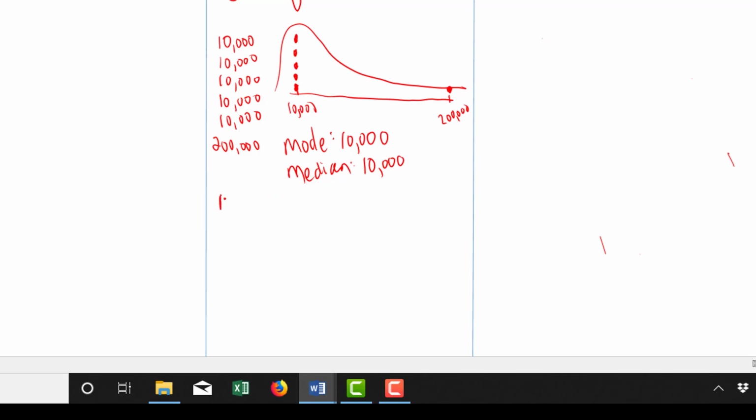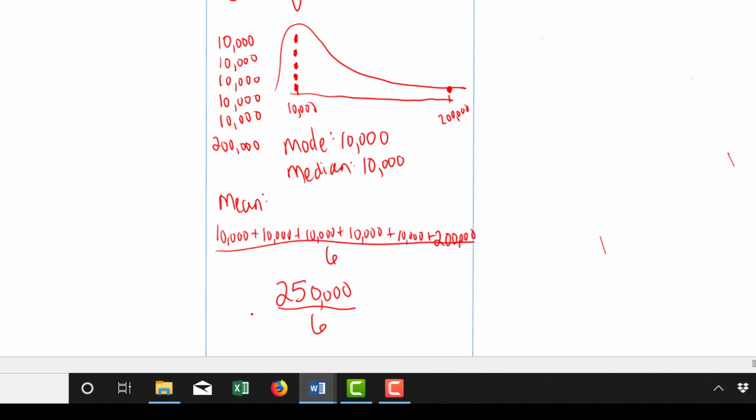But the mean, to find the mean, you have to add up all the data values and then divide by the number of data values. So when I add them up, I get 250,000, and I have to divide by 6 because there's 6 data values. And I get a mean of 41,666.67.